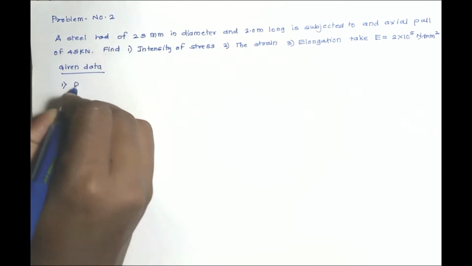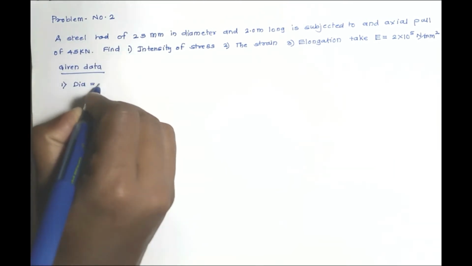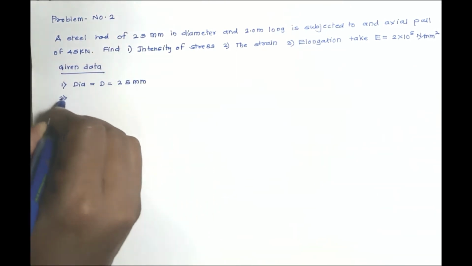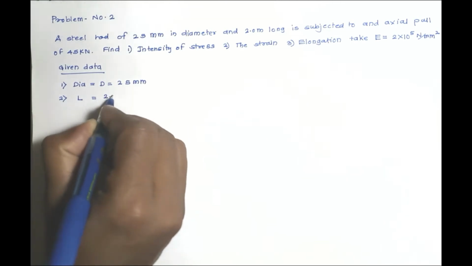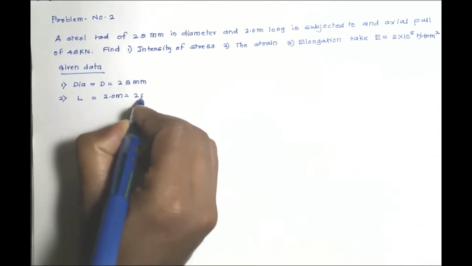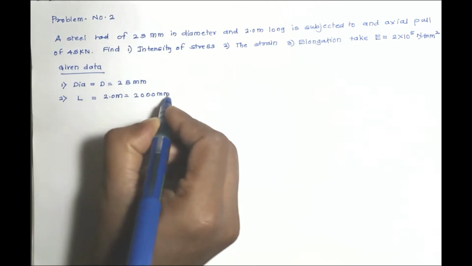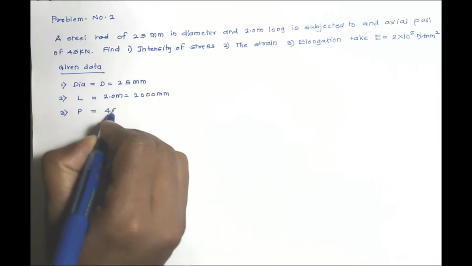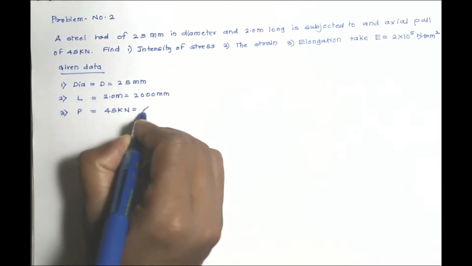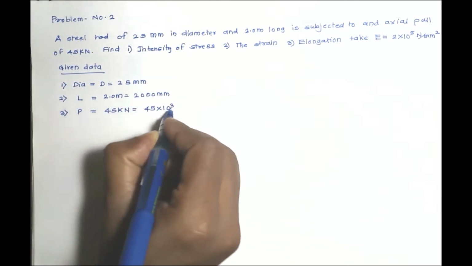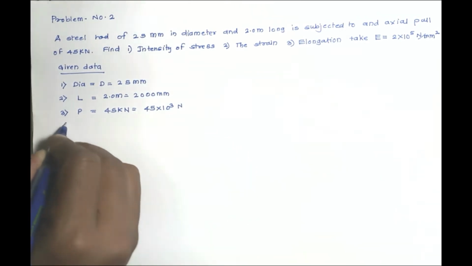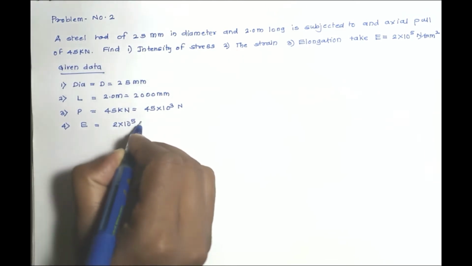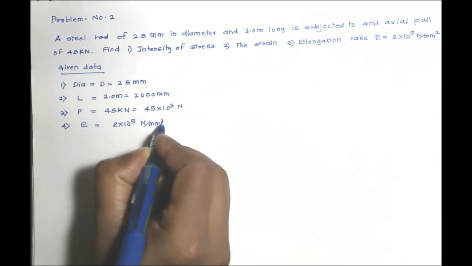First one is the diameter, second is the length, 2 meter, which is equal to 2000 millimeter, third one is load P, which is 45 kilonewton, which is equal to 45 into 10 to the power 3 Newton, and fourth one is the value of E, which is 2 into 10 to the power 5 Newton per millimeter square.